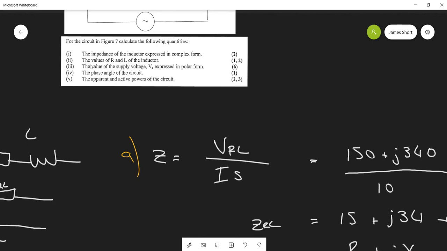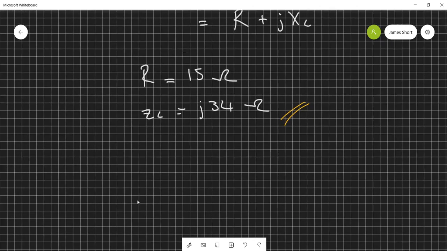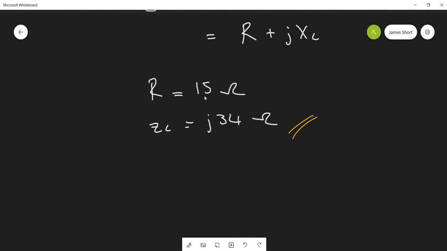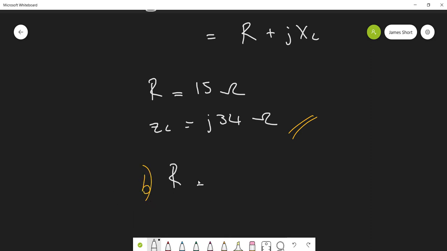So now what it's asking is the values of R and L of the inductor. We've calculated R already, but we'll just restate that. So we'll go part B. R is 15 ohms. And L, well, what is L?